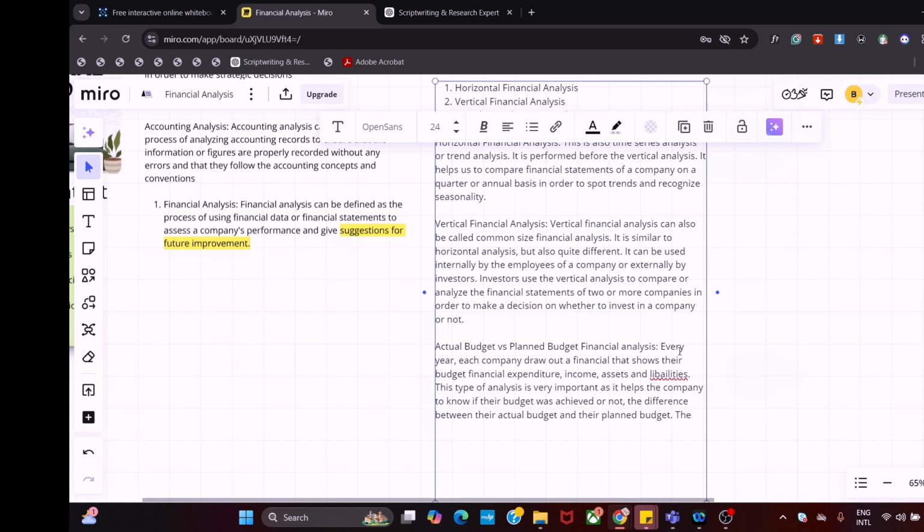The process of knowing the difference between the planned budget and the actual budget, and the reason for the difference, is called variance analysis.